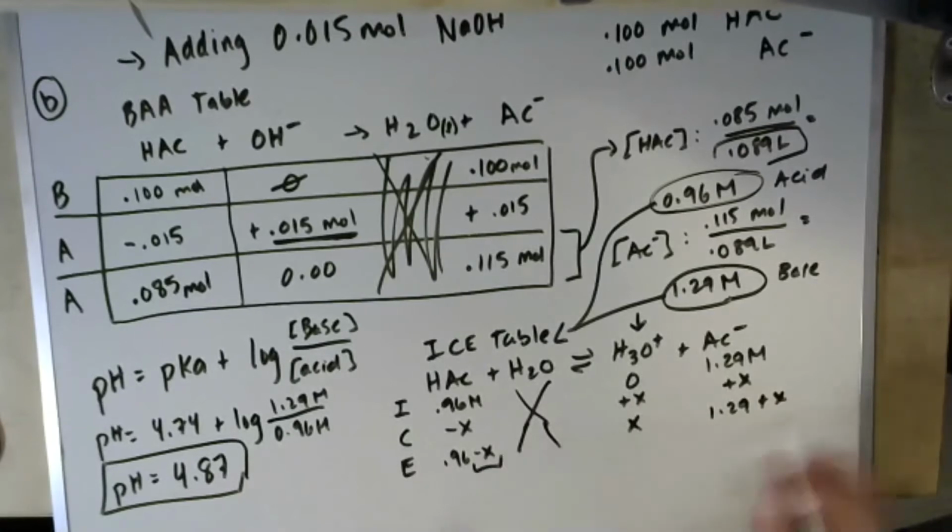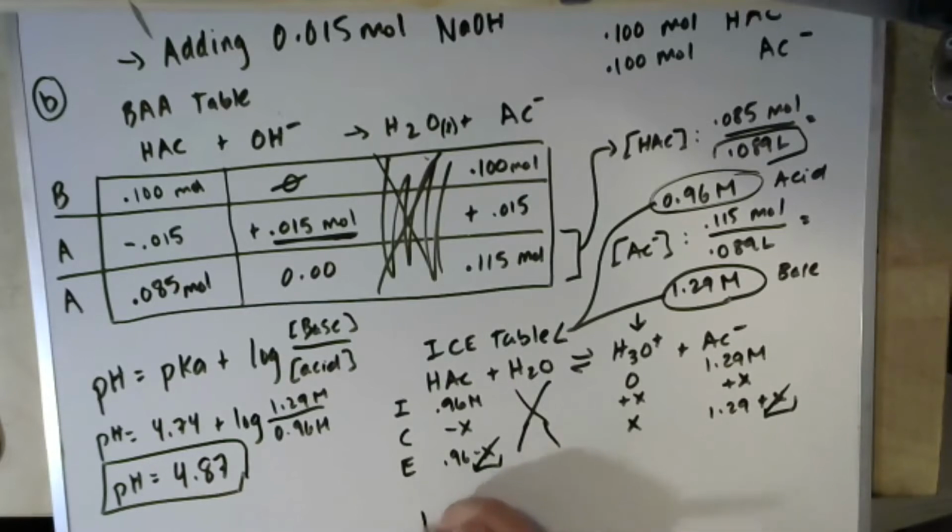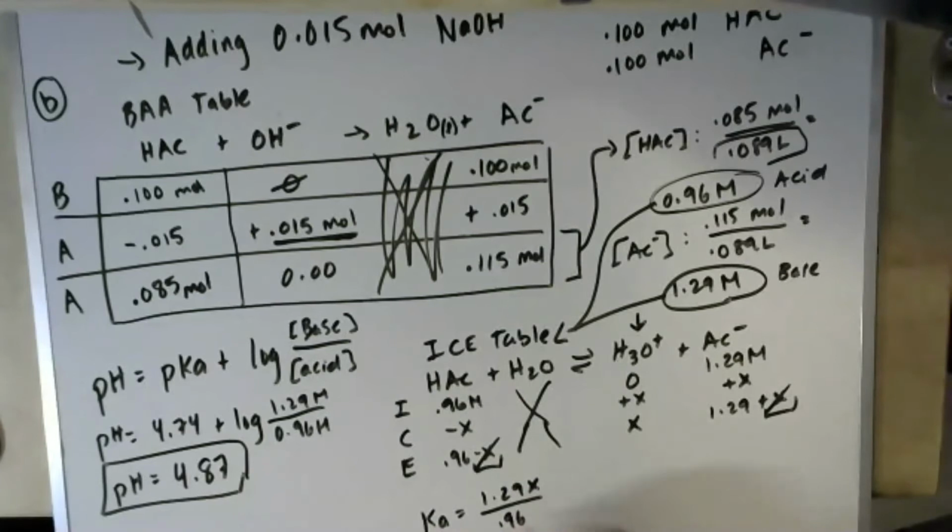Okay, and we're going to assume that these are small enough that we can disregard them. And then we're going to solve for x using our Ka value. So Ka is going to equal 1.29x over 0.96.